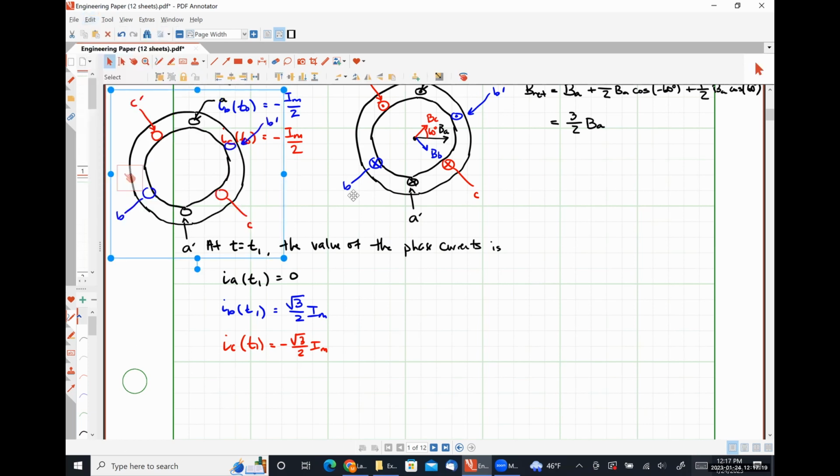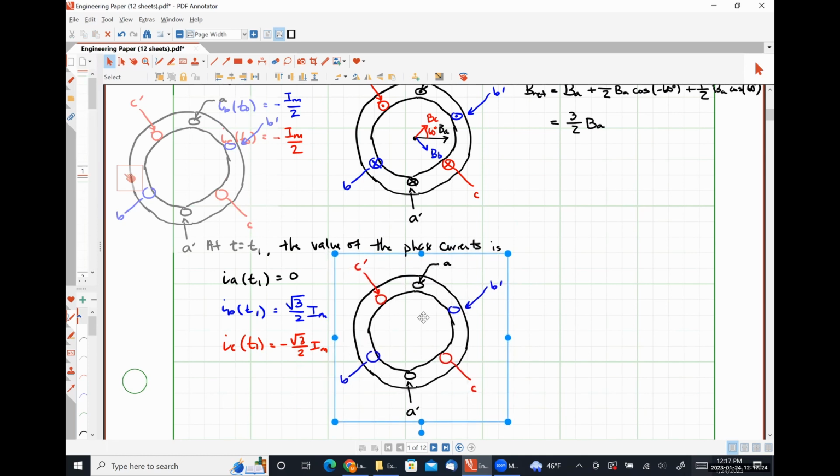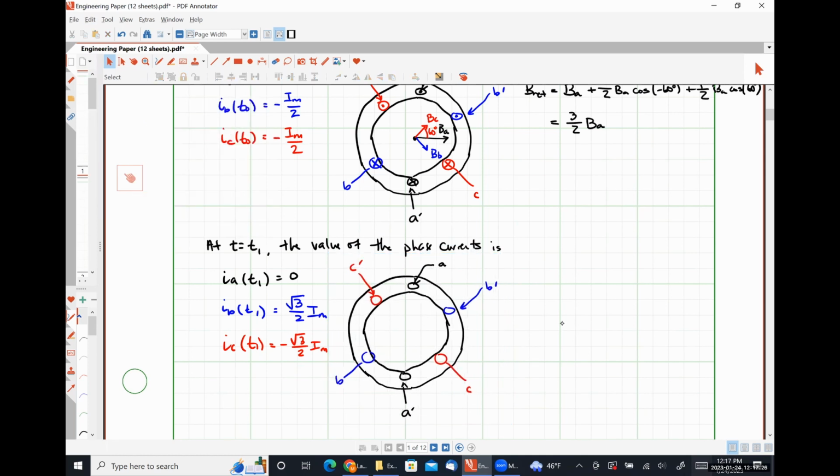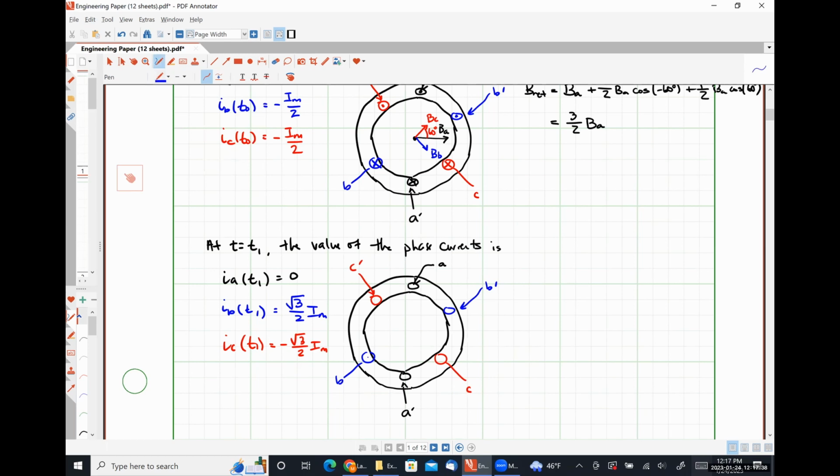So if we look at our stator winding once again, no current is flowing in the A phase, so I'm going to leave both of those blank, right? Our B phase is carrying a positive current. So we're going to put a dot in the middle of B and a cross in B prime.